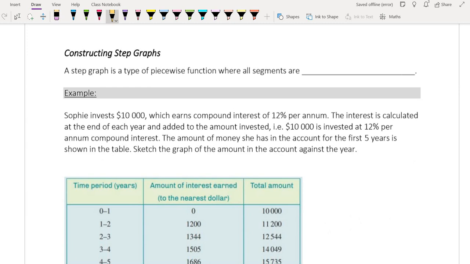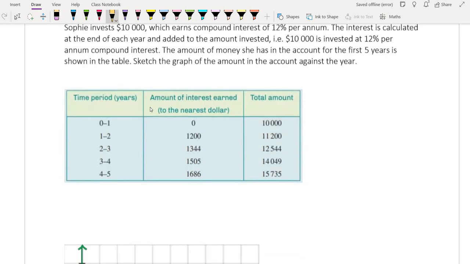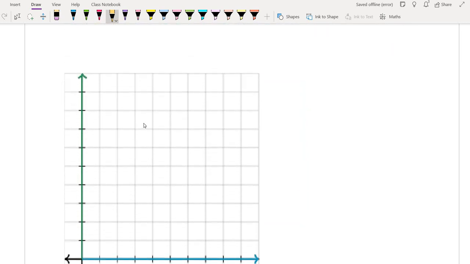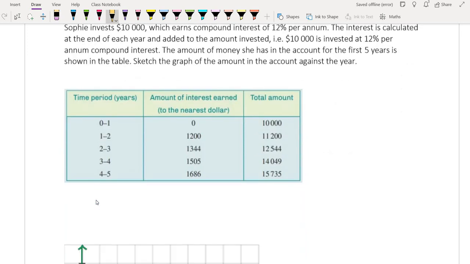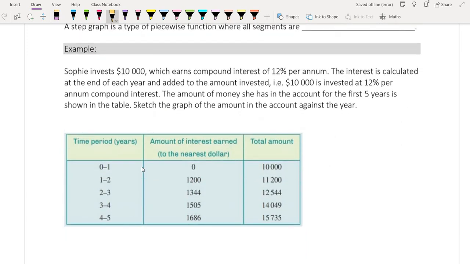All right, very last thing we're learning today is a step graph. So a step graph happens when we have a bunch of linear graphs that are flat. So looking at this scenario here, we're investing this much money. It makes 12% as interest, which is compounding every year.